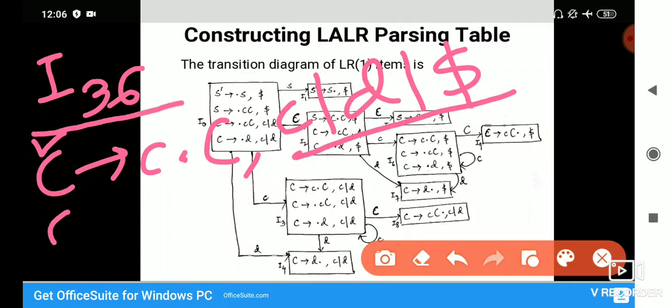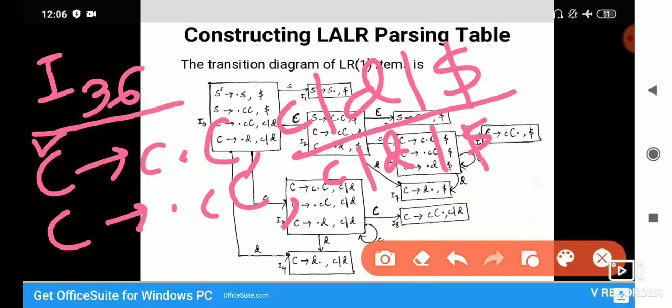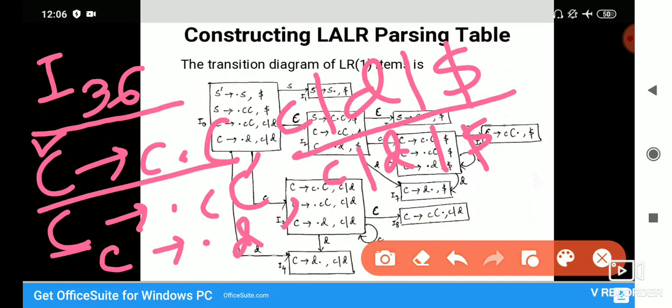Similarly, the second item will be C to C dot CC, and the second component is the same. And the third item will be C to dot D. You can observe in I3 as well as in I6, these three first components are the same, and the second component will be C by D or dollar.